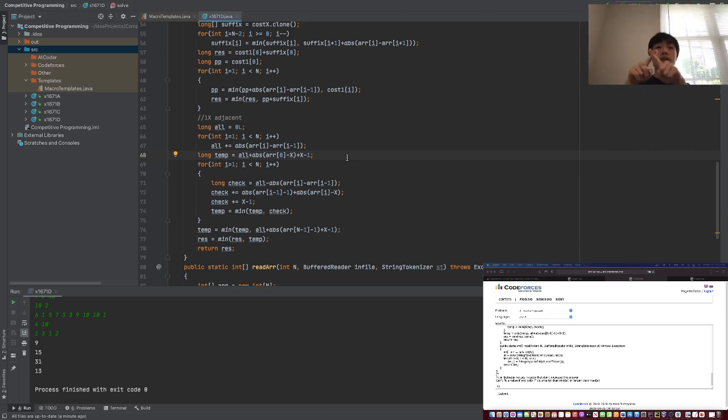And then over here it's the same thing, except we append 1 and then x. Check is equal to all, and then we subtract this difference because we take this difference and replace it with 1 and then x. We don't have to do x1 because reversing the array will just handle it for us.